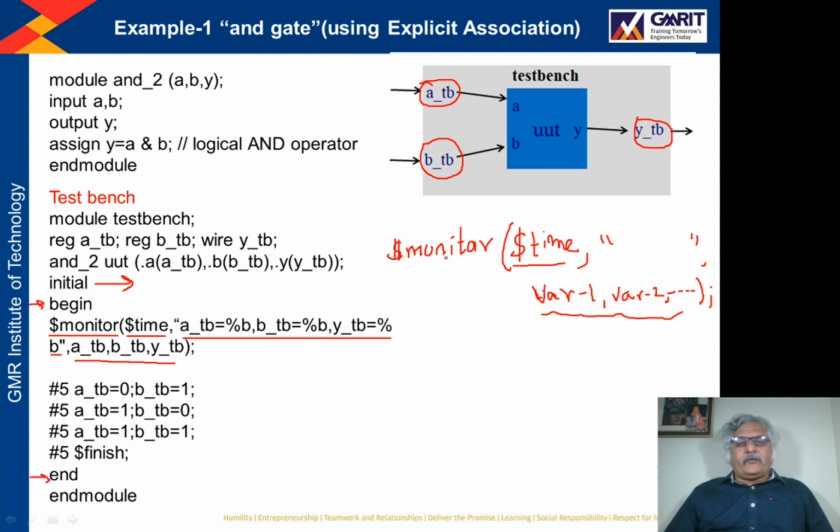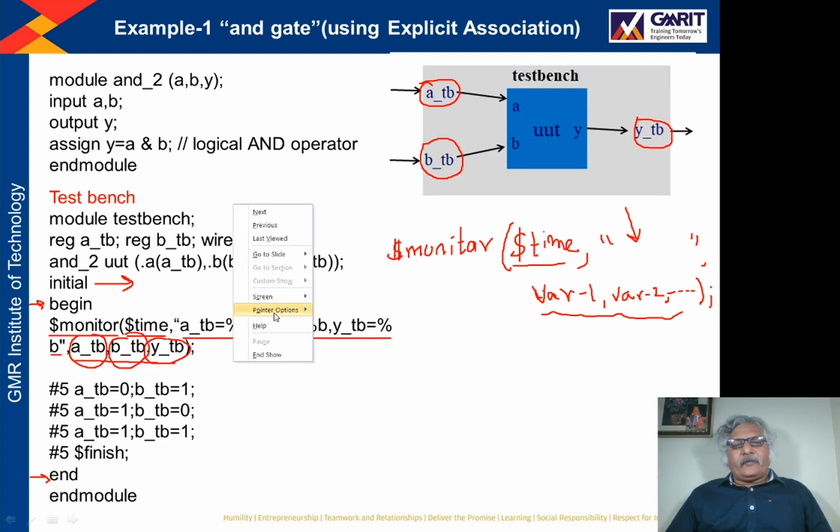So there are three variables, which I have written here: a underscore tv, comma, b underscore tv, comma, and y underscore tv. And what type of values can be assigned to those variables? That is declared inside this double quote. So you can check this.